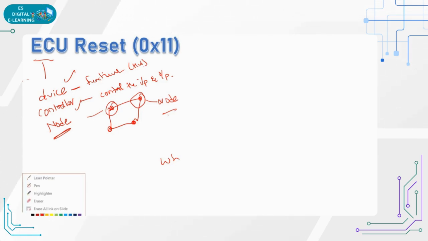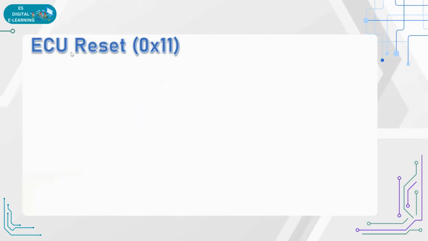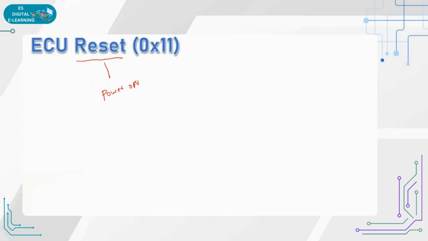Okay, so now what is my point? ECU reset. What is a reset? Reset is just power on, off, on. We call that a reset. So whenever you power off and reset your phone, what will happen?